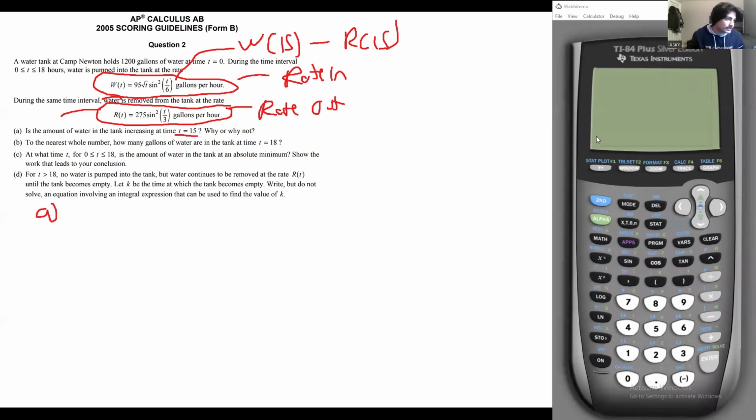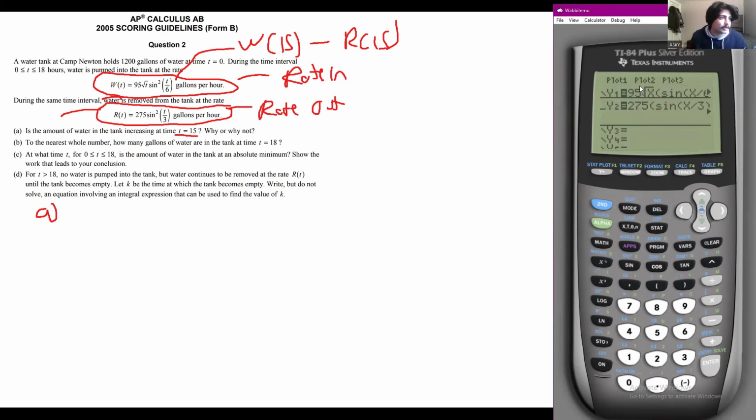So let's just put this into our smart calculator. We press y equals, and we enter our first graph. All right, guys, so I just wrote these equations into this calculator, and then what we're gonna do is quit, and then we say y1, alpha trace, in order to get our y's.